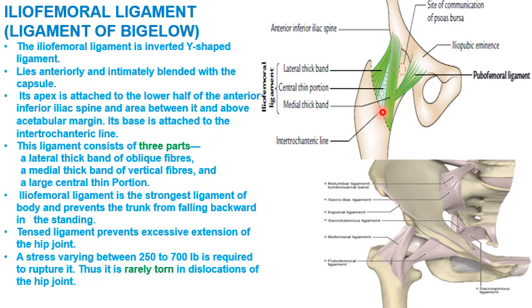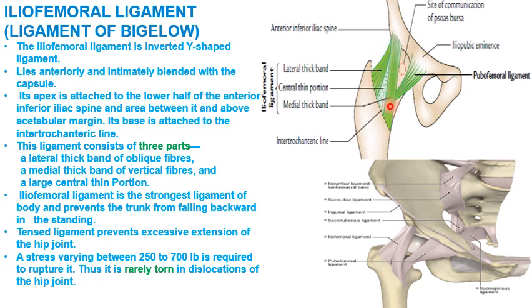Coming to the attachments, its apex or the stem is attached to the anterior inferior iliac spine and its base is attached to the intertrochanteric line. The base here diverges into medial and lateral bands.